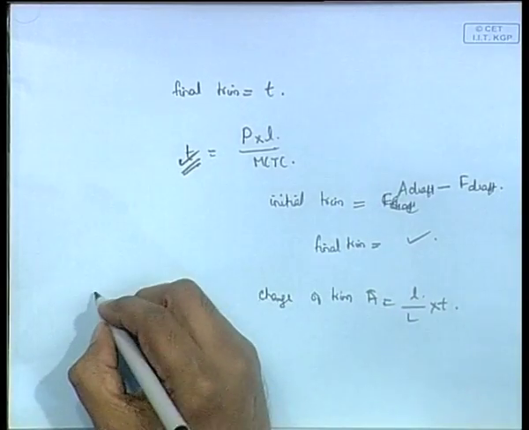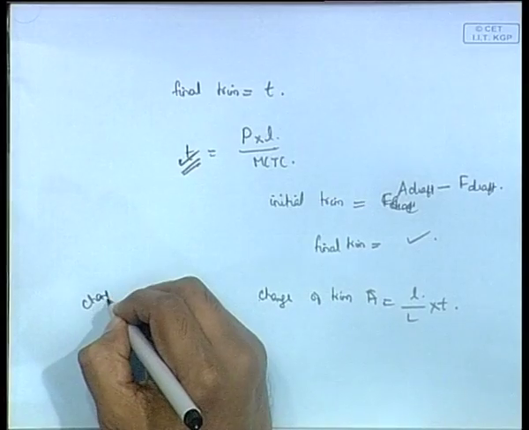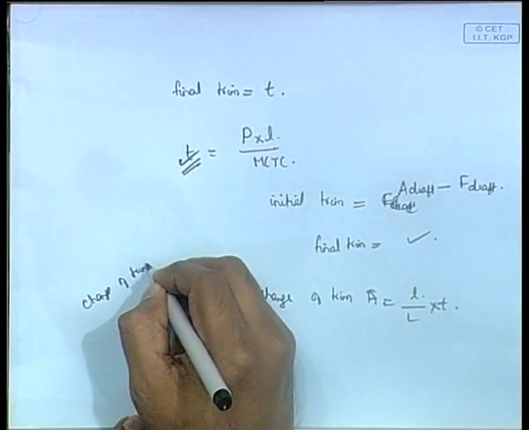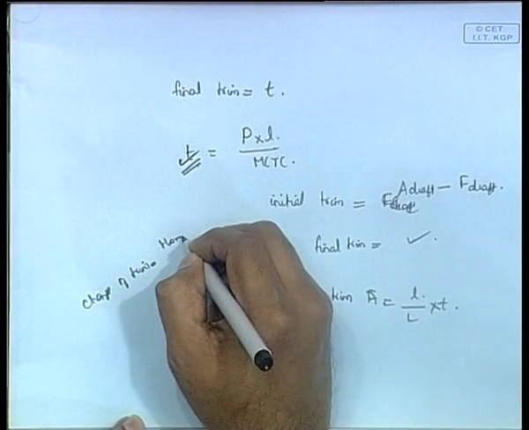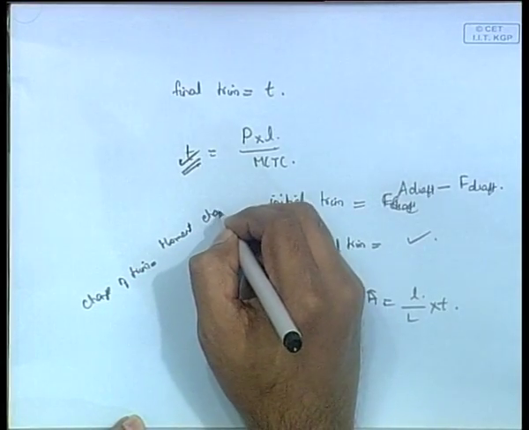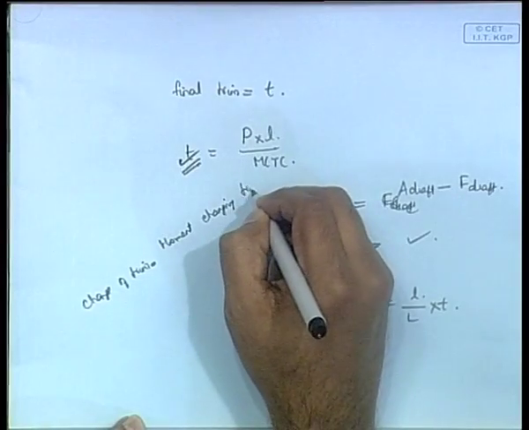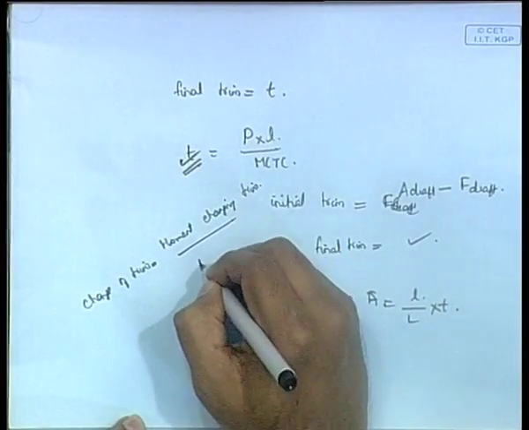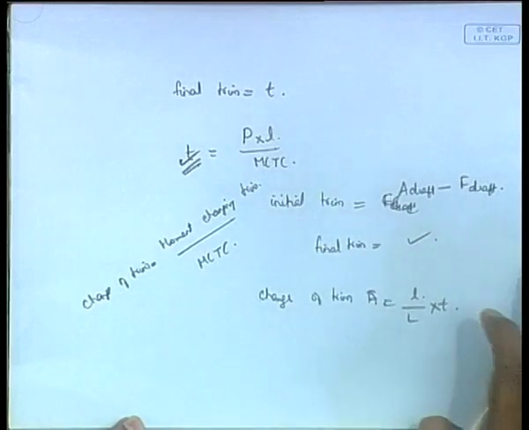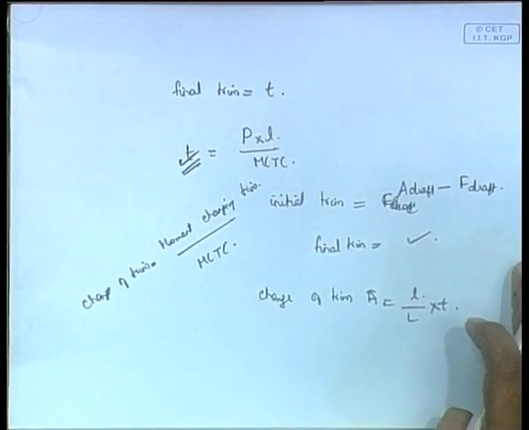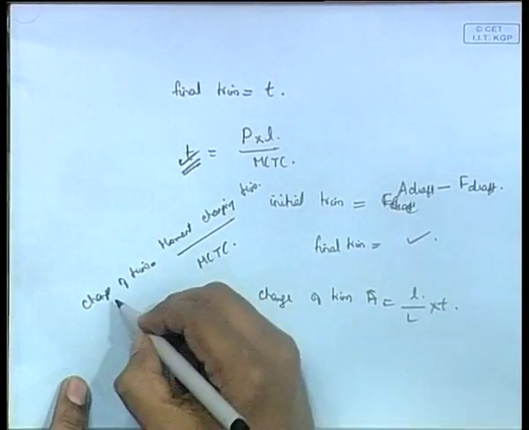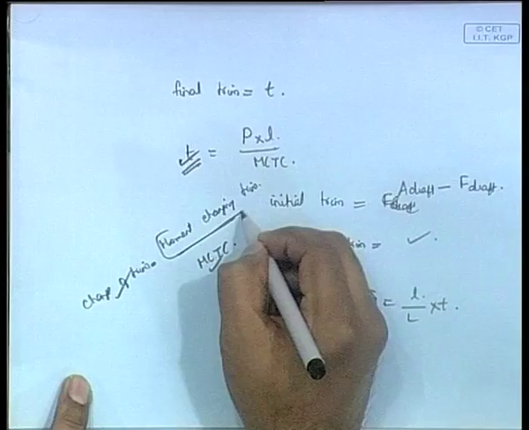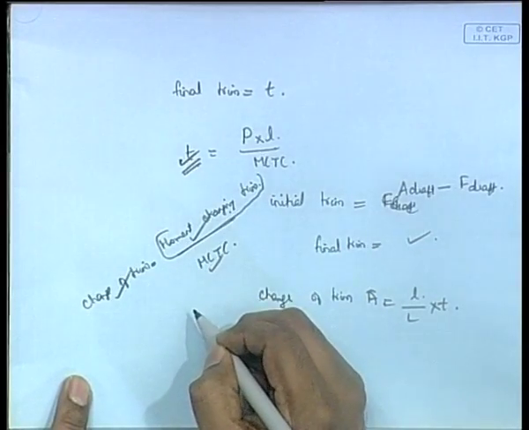Now once you have this, you use the formula change of trim is equal to moment changing trim divided by MCTC. Therefore, you know this, so you can calculate the moment changing trim.